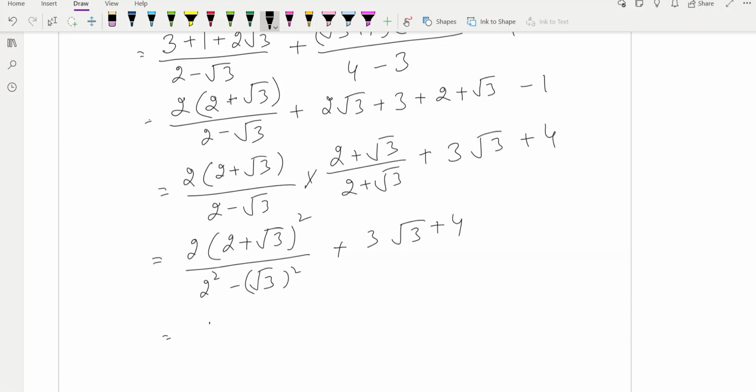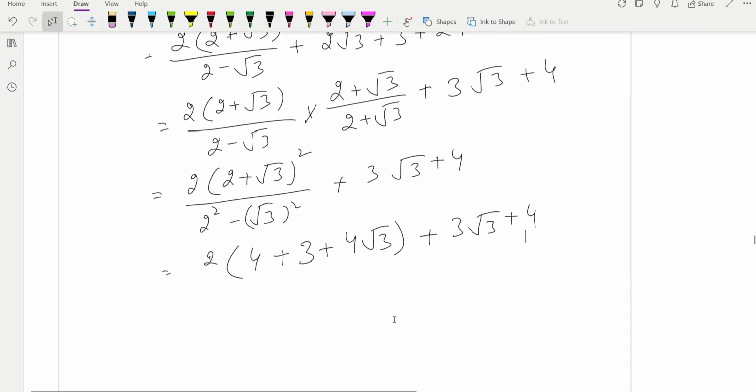Inside we can open this, this will be 2 and this will be 4 plus 3, plus 2 into 2 will be 4, 4√3, so 4√3 will be here, and plus 3√3 plus 4.